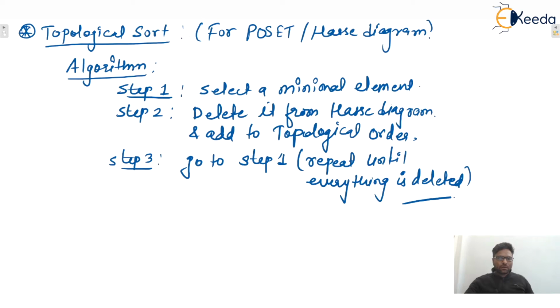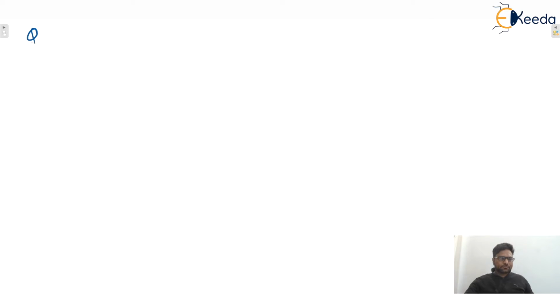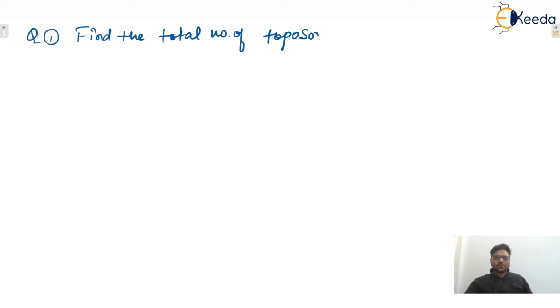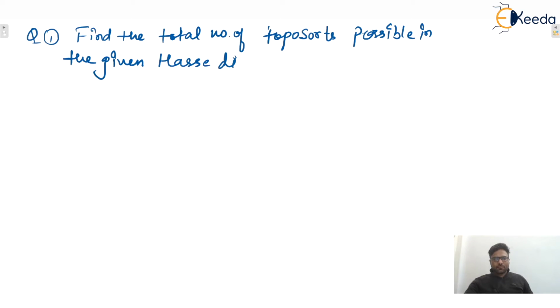You will see. Okay, let us consider one problem. Find the total number of topo sorts or topological sorts, whatever it is, possible in the given Hasse diagram.